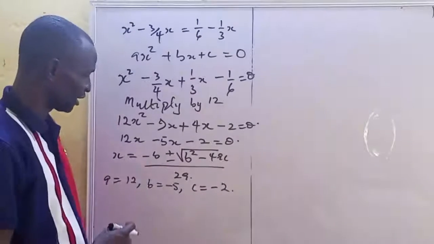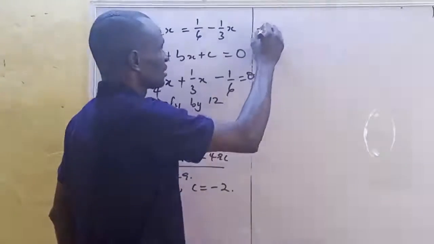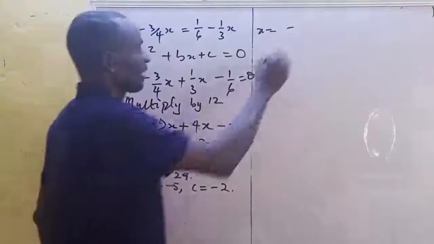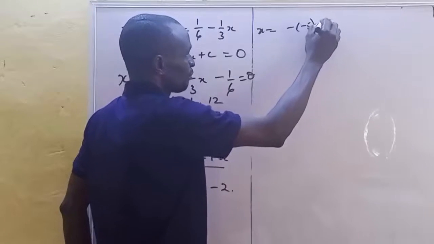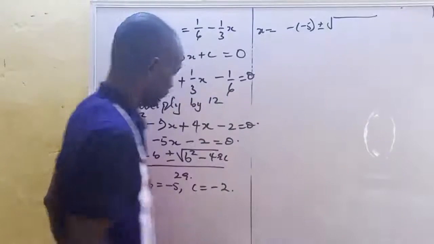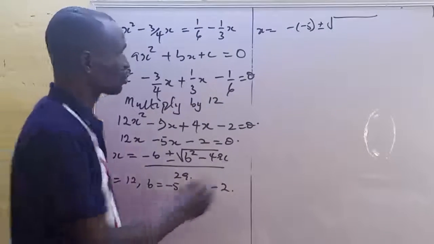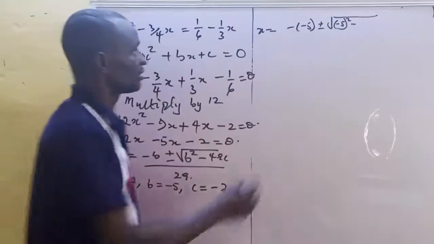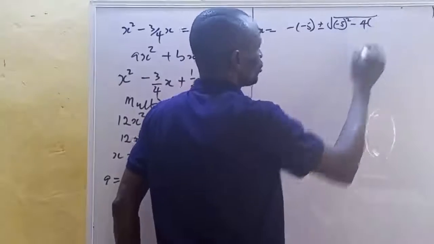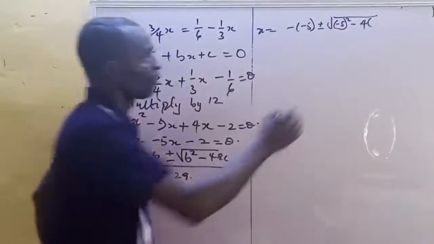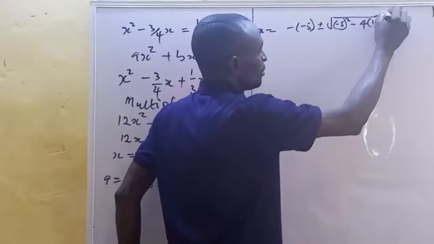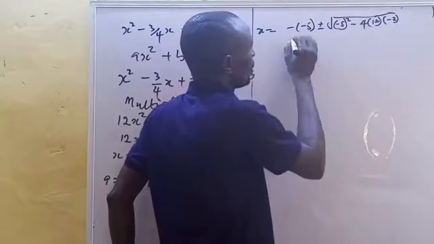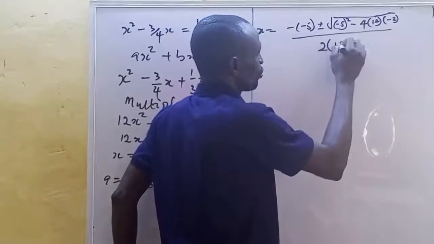So let's start substituting in the formula. My x will be equal to minus b, my b is minus 5, plus or minus square root of b squared, that's minus 5 all squared, minus 4 times a, which is 12, times c, which is minus 2, all over 2a, 2 into 12.